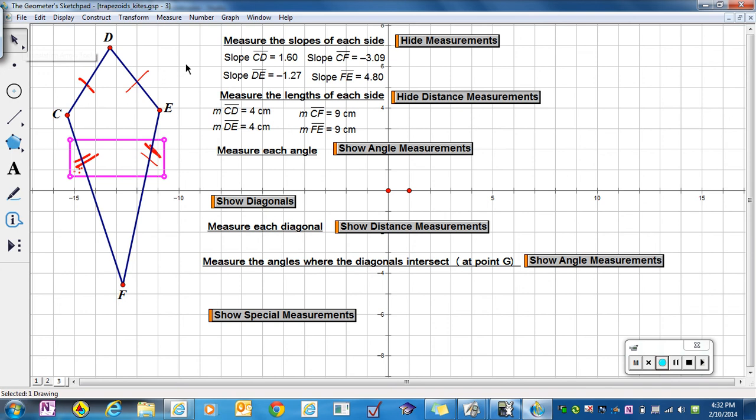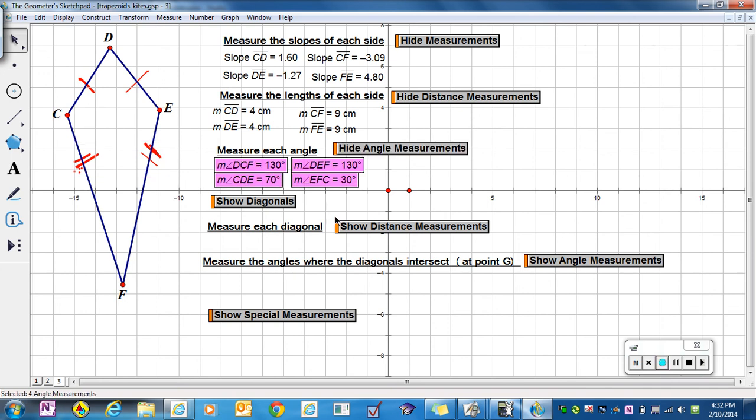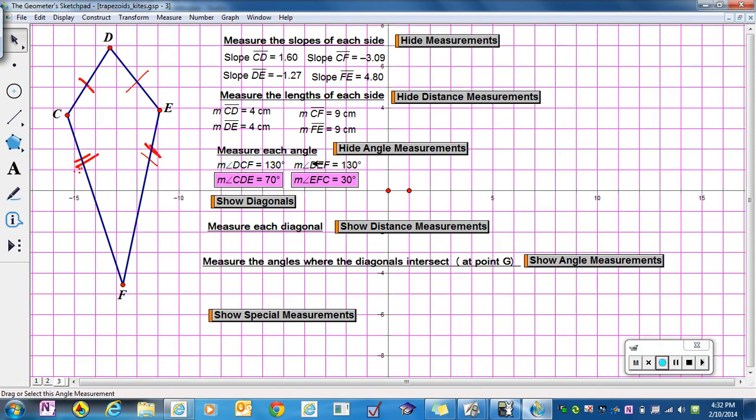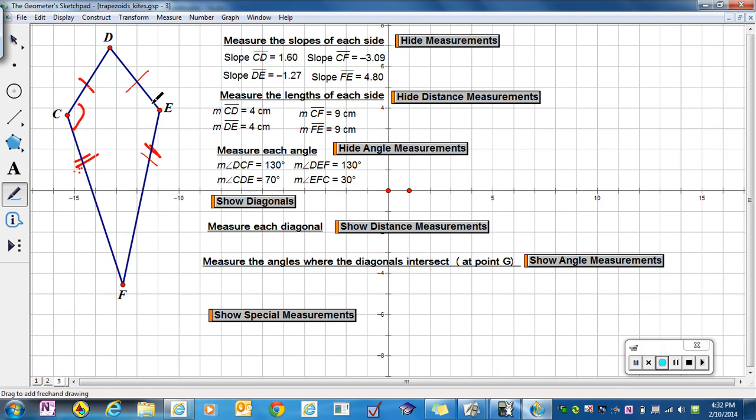Now let's measure each angle. As you can see, there are two non-congruent angles and two congruent angles. The two congruent angles are angle DCF, which is right here, and angle DEF, which is right here. So the two angles that are congruent to each other are the angles that connect the non-congruent sides.